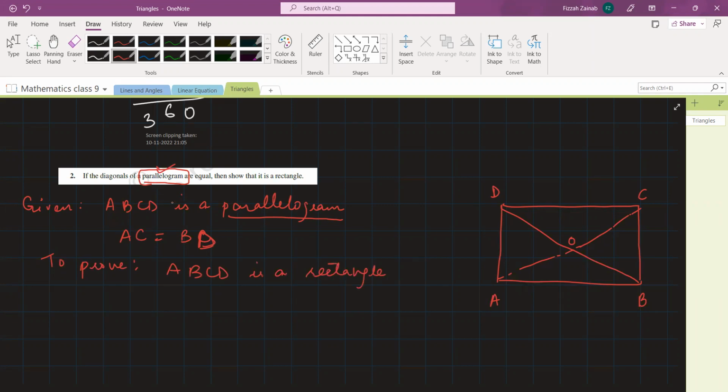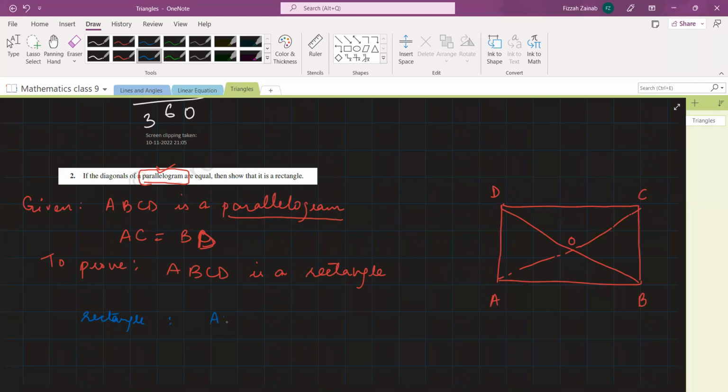Now, first of all, tell me, we discussed about rectangle, right? It is one of the kinds of parallelogram. Okay, so what exactly do you have to prove here? What are the features of a rectangle? First of all, it has to be a parallelogram, clear?